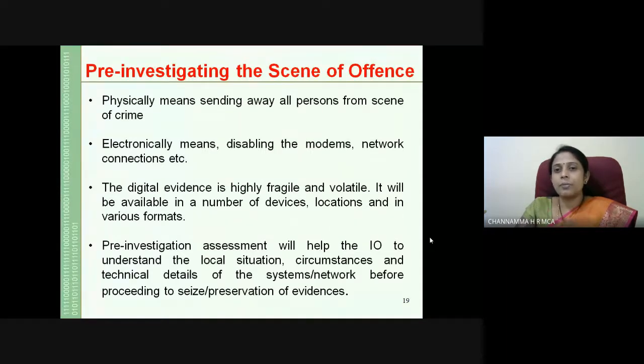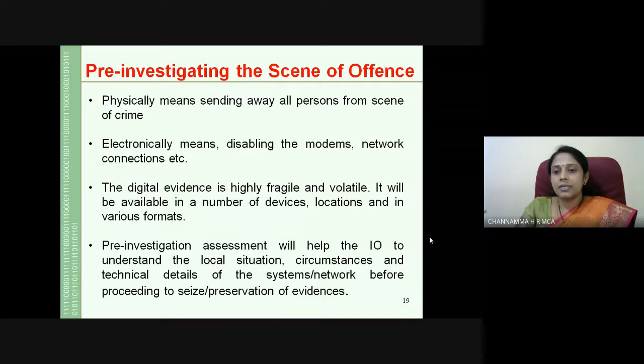It has to be documented properly, and while pre-investigating, he has to understand the circumstances of the crime, what things have to be preserved and taken into custody, and how to analyze the crime.